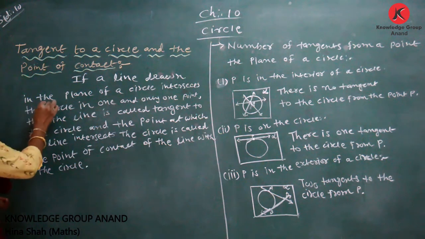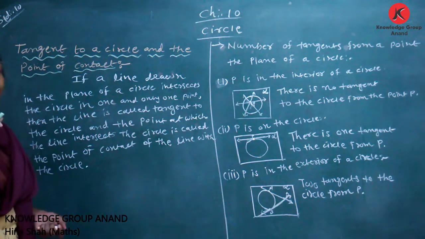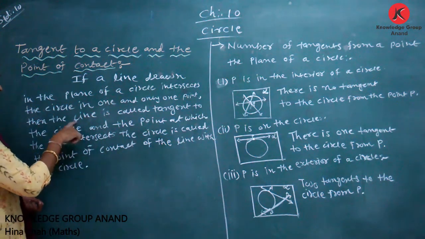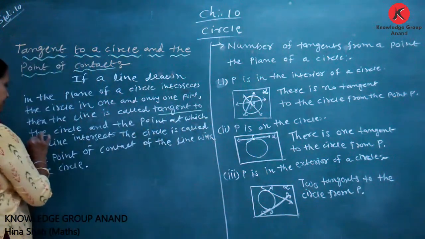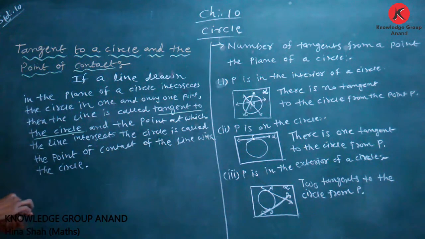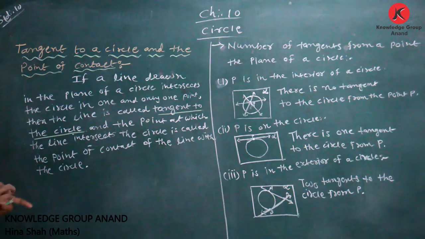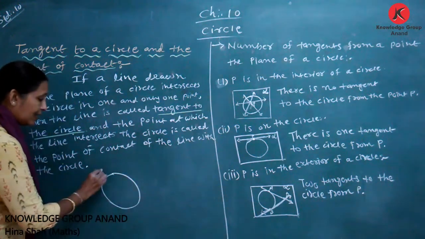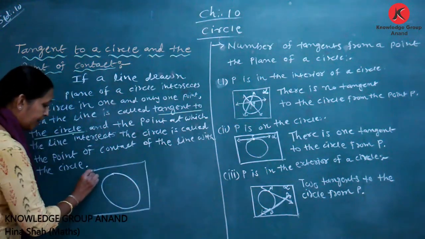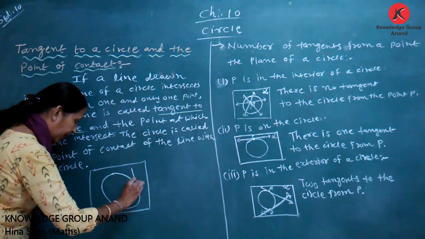If a line drawn in the plane of a circle intersects the circle in one and only one point, then the line is called a tangent to the circle. Suppose it is a circle in a plane.